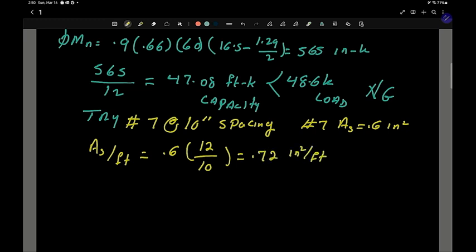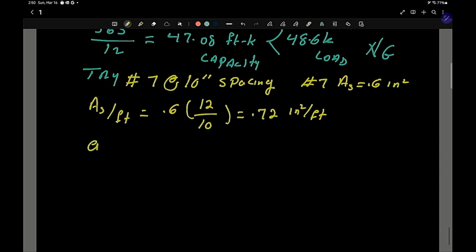The next thing we're going to calculate is the A, and A is going to be basically 0.72 times 60 divided by 0.85 times 3 times 12, and our A should come out to be 1.41.